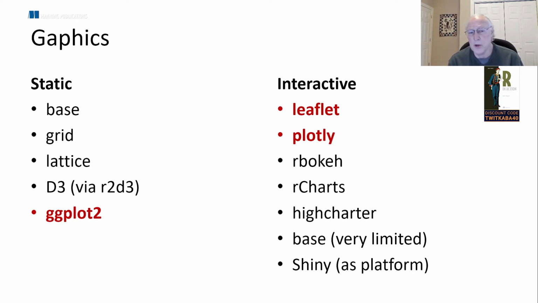But there's also other packages for creating interactive graphs like RBokeh, rCharts, Highcharter. You can do interactive graphs with base using things like the identify function, but it's very limited. And you can use Shiny as basically a platform or a wrapper around creating interactive graphs.